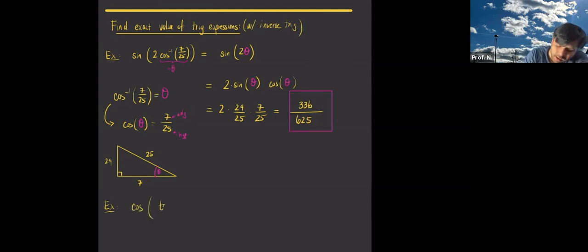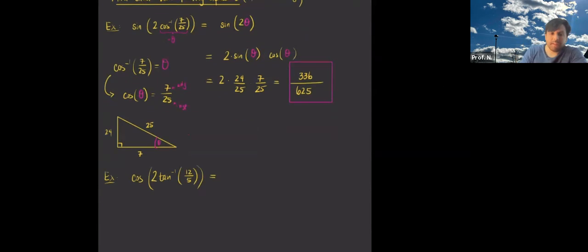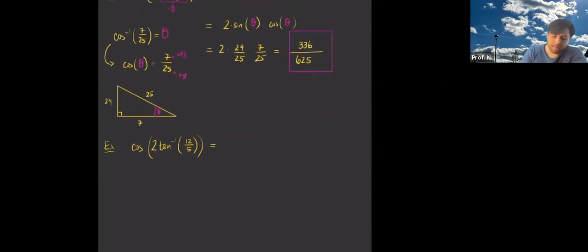Cosine of tan inverse of 12 over 5. Sorry, cosine of twice that. Same idea, guys. Same idea.